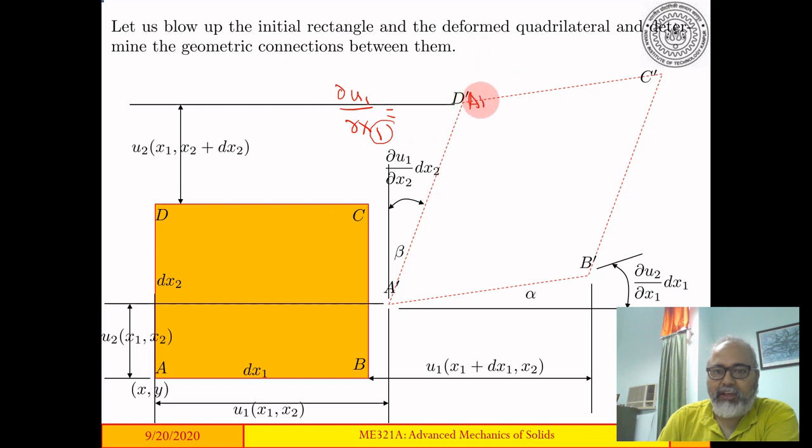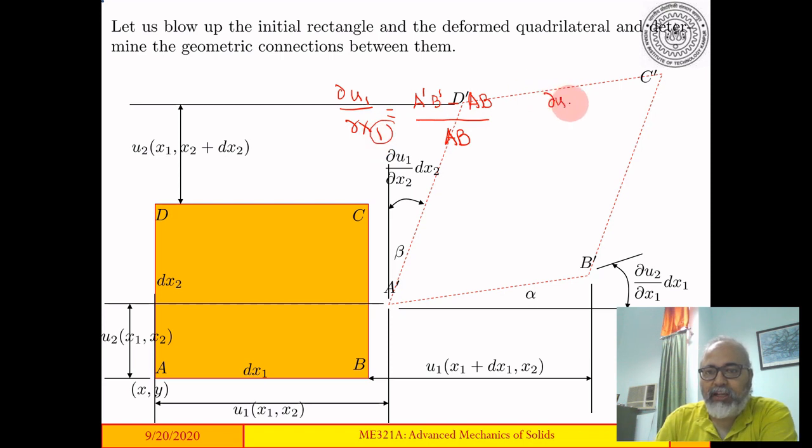So that's AB in our case, and the relative change is A prime B prime minus AB divided by AB. So this is the relative change in length of a line which was oriented along the x1 direction.